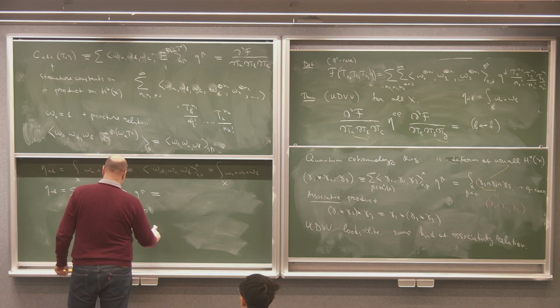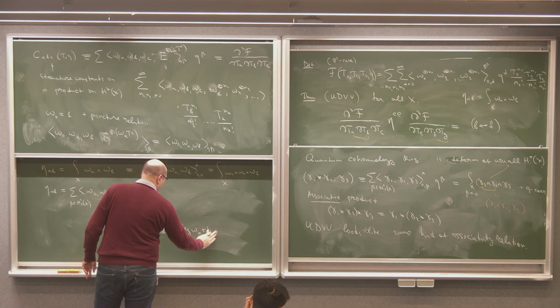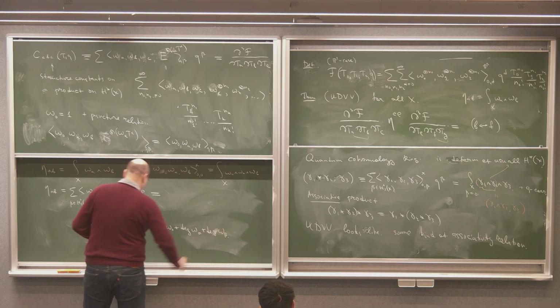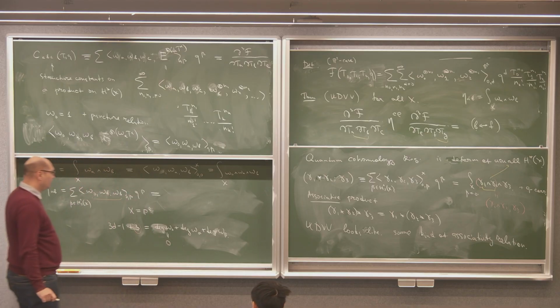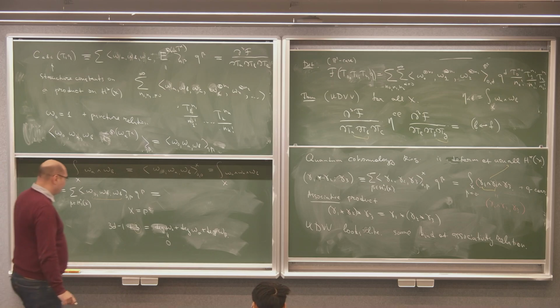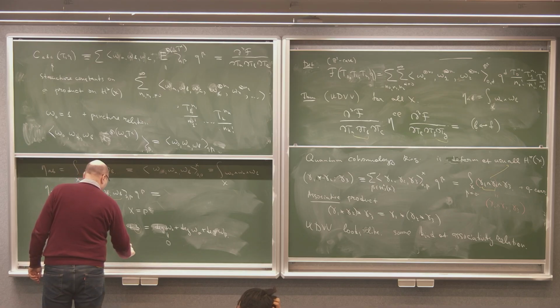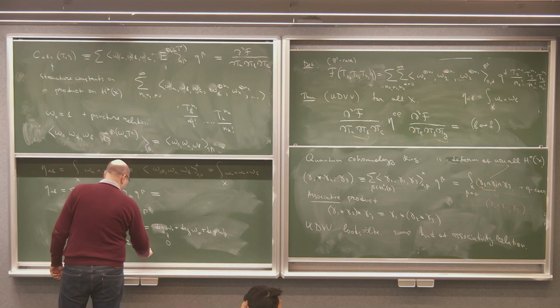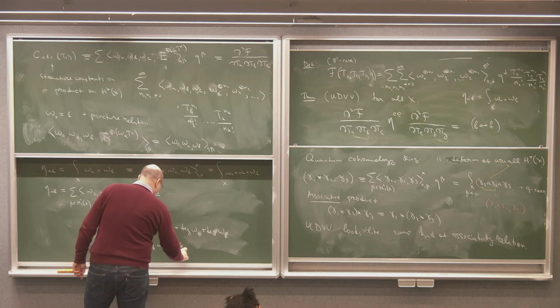And that should equal the total degree of omega 0 plus degree of omega alpha plus degree of omega b. The degree of omega 0 is 0, so it's just the insertion of a constant. So therefore we have the formula that 3d plus 2 is the sum of the degree of omega a plus the degree of omega b.